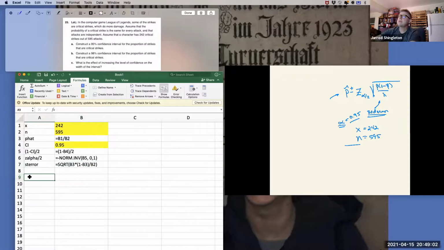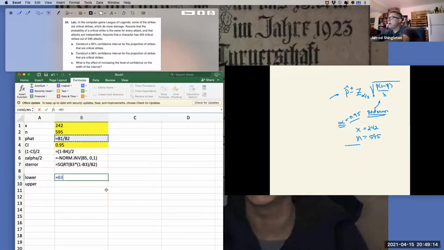Now I have everything I need at my disposal to do a lower and upper confidence interval. My lower confidence interval is going to be p hat minus z alpha over 2 times the standard error. Look at how nicely, since I put that up here, I don't have to worry about more formulas down here.